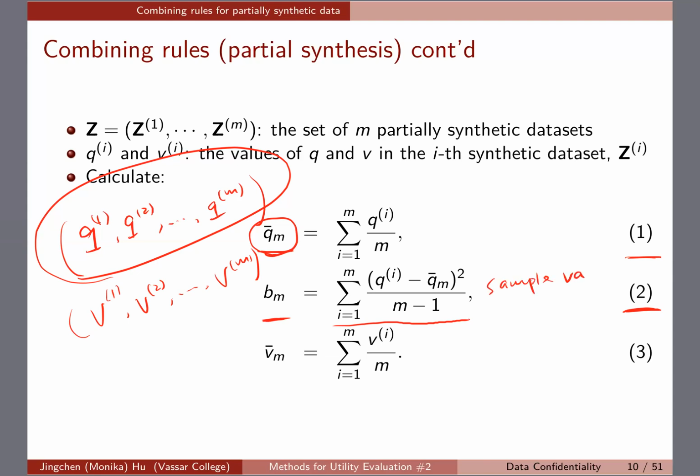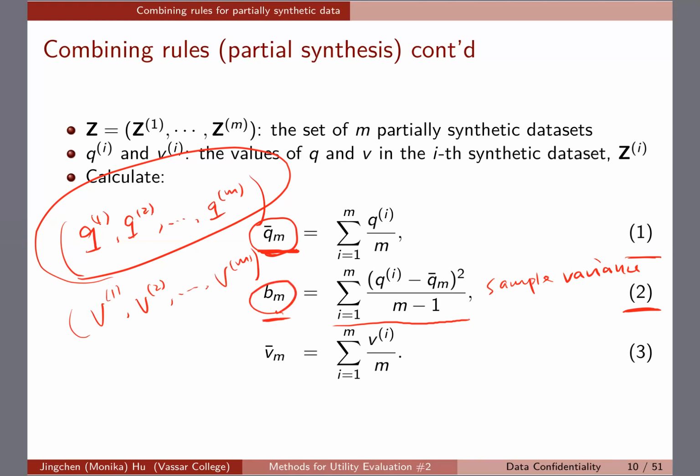So in a sense, with these combining rules, we're going to see the rules later, but what the 3 equations here are trying to collect from the synthetic data sets is that I not only want to know the average of the point estimates, like Q1, Q2, I also want to know the variability across the point estimates. That's what BM is trying to capture.